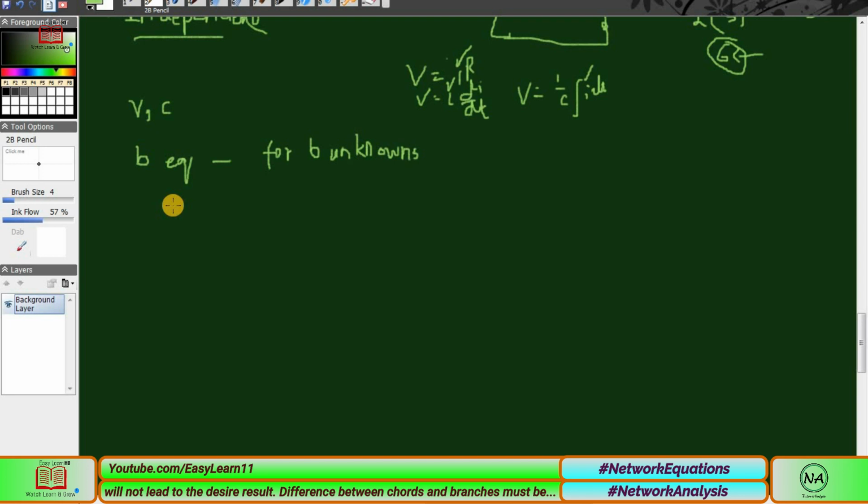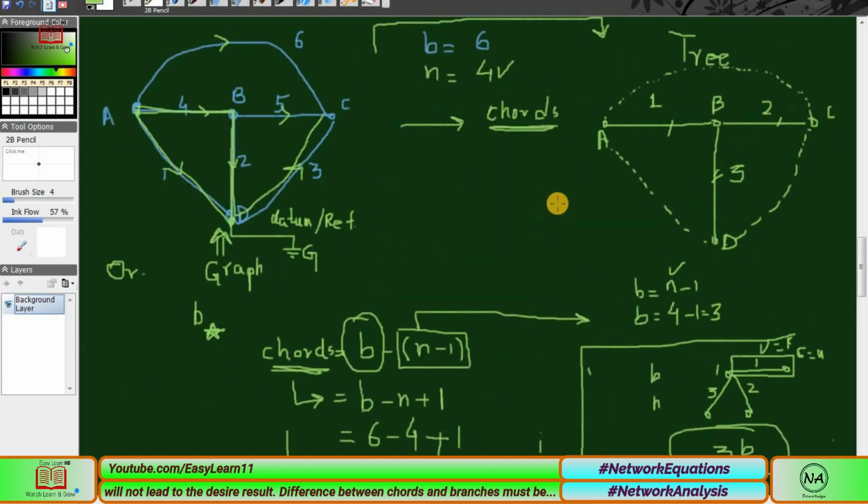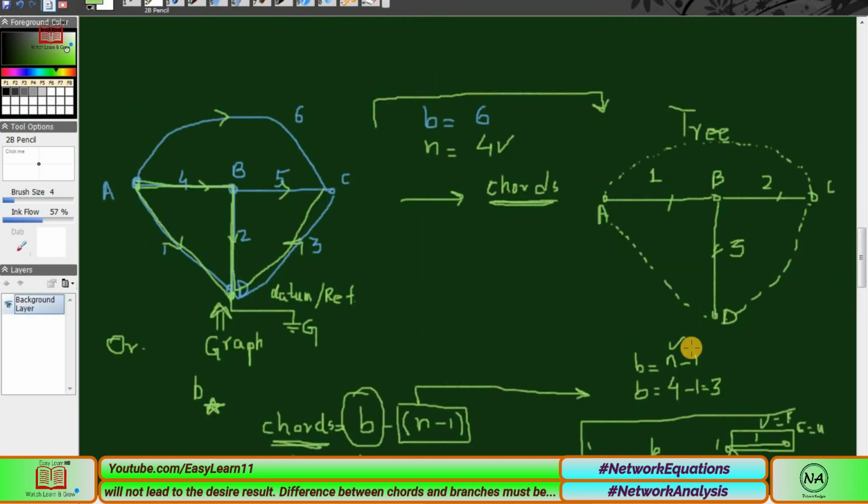And in preparation for writing these equations, first we need to select a datum node, a reference node. For example, here if you look at this point, I am saying that this is our datum node. If I connect the ground here, this will become a reference level or the datum node.